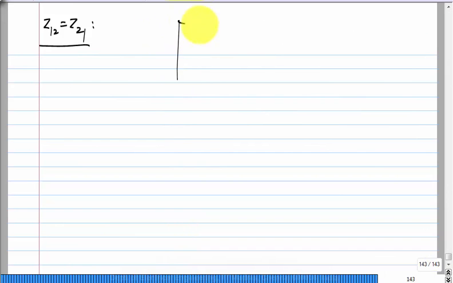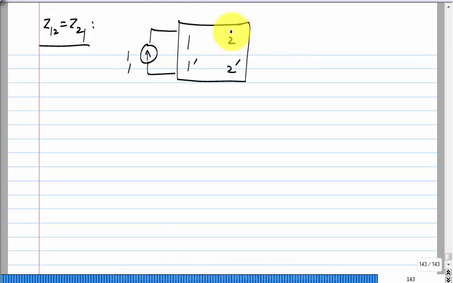You have a 2-port network. You apply I1 on one side and measure V2 here with open circuit on that side.